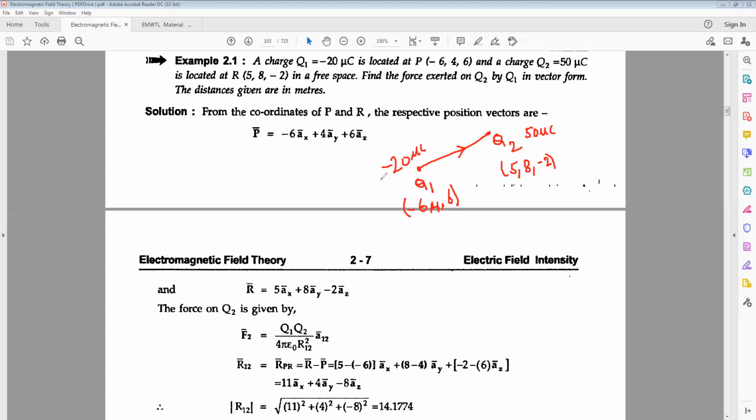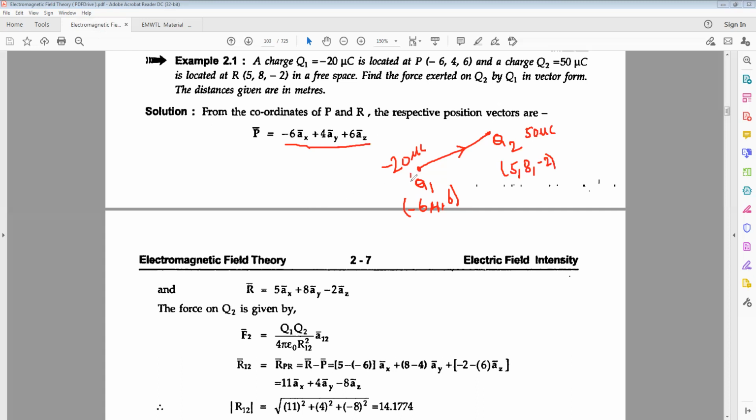First of all, you can take the coordinates, P and R. P is where Q1 is, that is minus 6 AX bar plus 4 AY bar and 6 AZ bar.